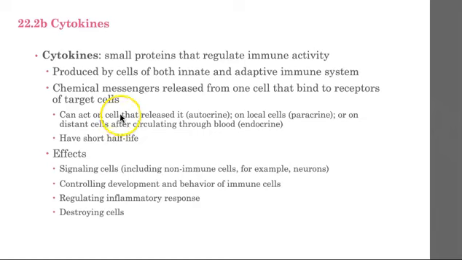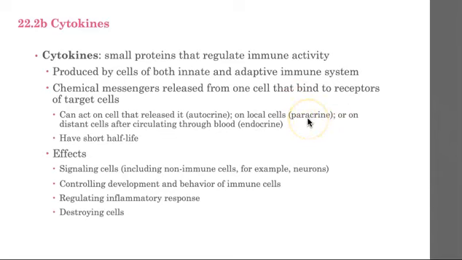When it acts on a cell that released that chemical to begin with, so let's say cell A releases a cytokine and it acts on cell A, that is called autocrine signaling. If it is going to work on local cells, so I have cell A secreting a cytokine, but it goes to cell B and C nearby, that is called paracrine signaling.